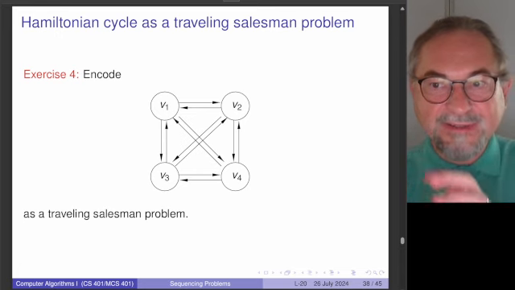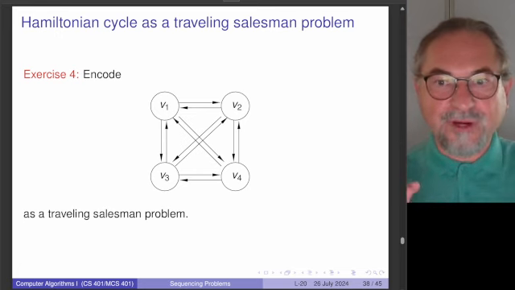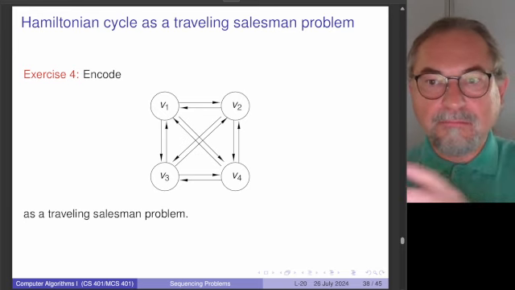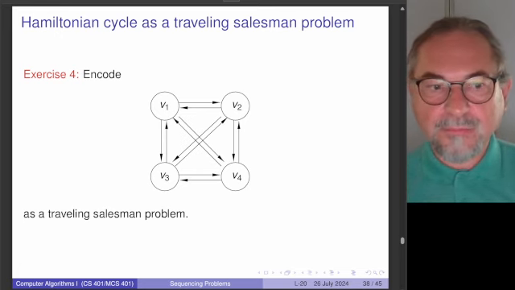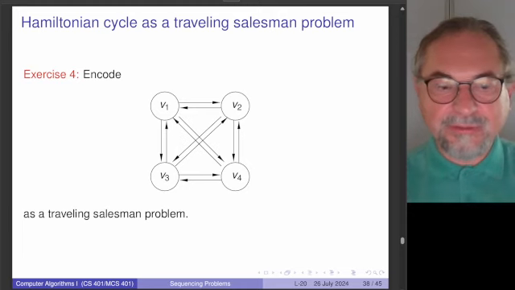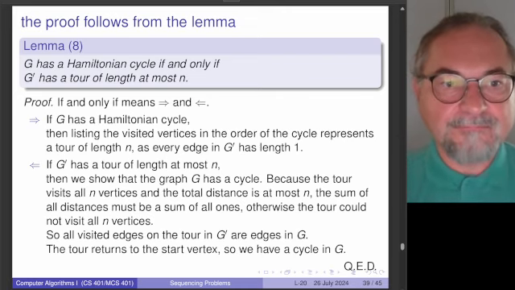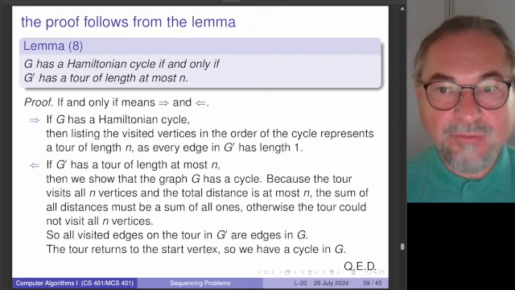And actually it's the important direction back. We are going to try to solve the Hamiltonian cycle problem by the traveling salesman problem, so it's actually the opposite direction that matters most. All right. I indicated already one way.